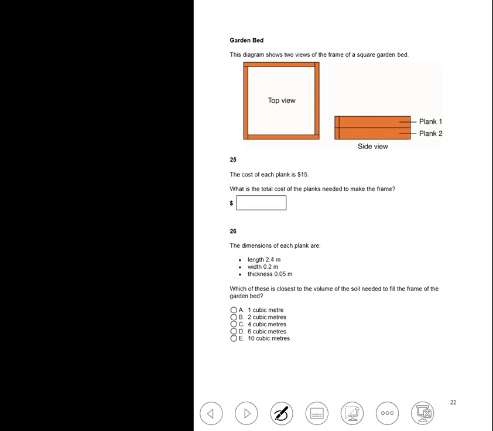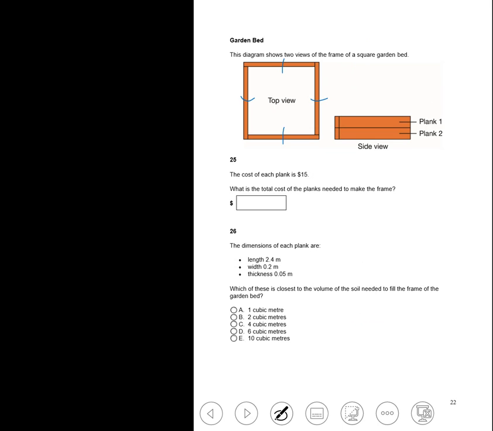Okay. This diagram shows 2 views of the frame of a square garden bed. The cost of each plank is $15. What is the total cost of the planks needed to make the frame? So it says each plank is $15. So we've got one there, one there, one there, one there.